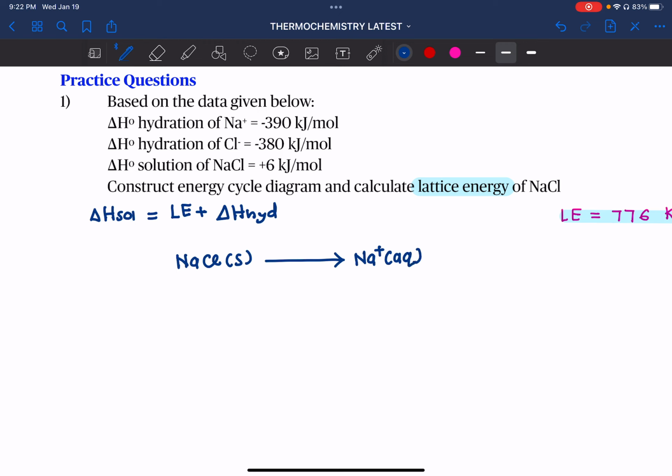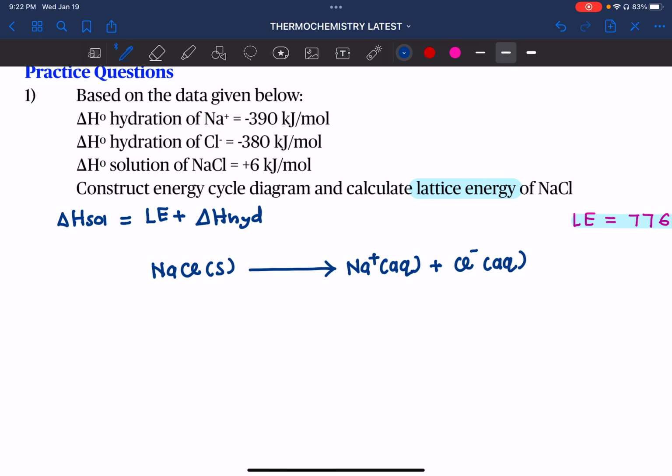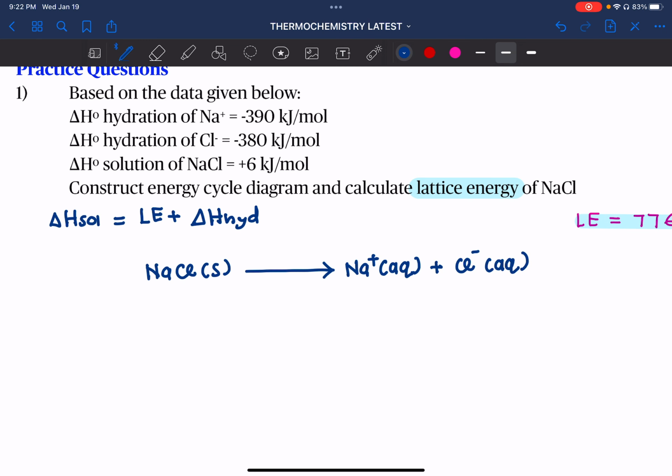So, kita ceraikan dia jadi ion. Ingat balik kita punya thermochemical equation. So, basically, this is the standard enthalpy of solution, dia dah bagi value 6 kilojoule per mole.